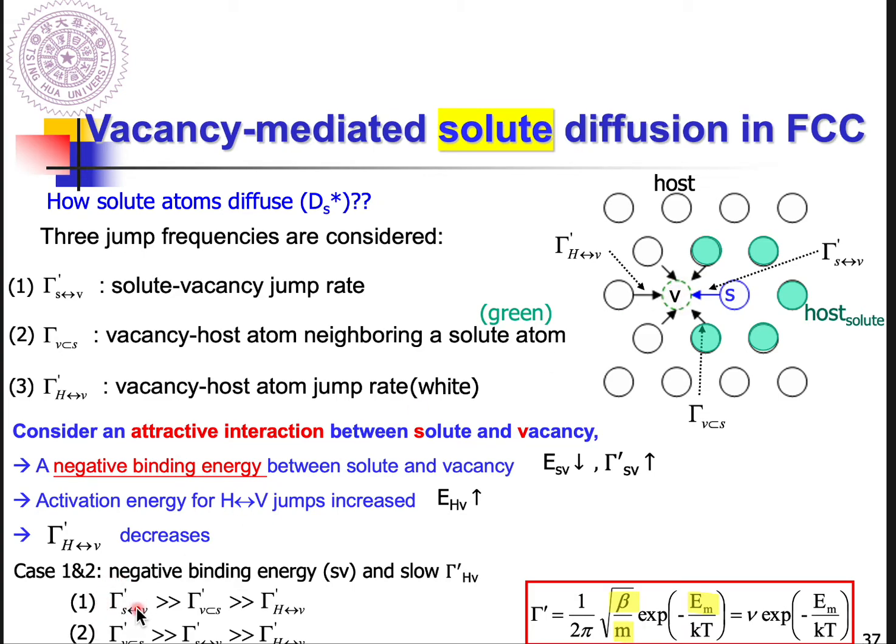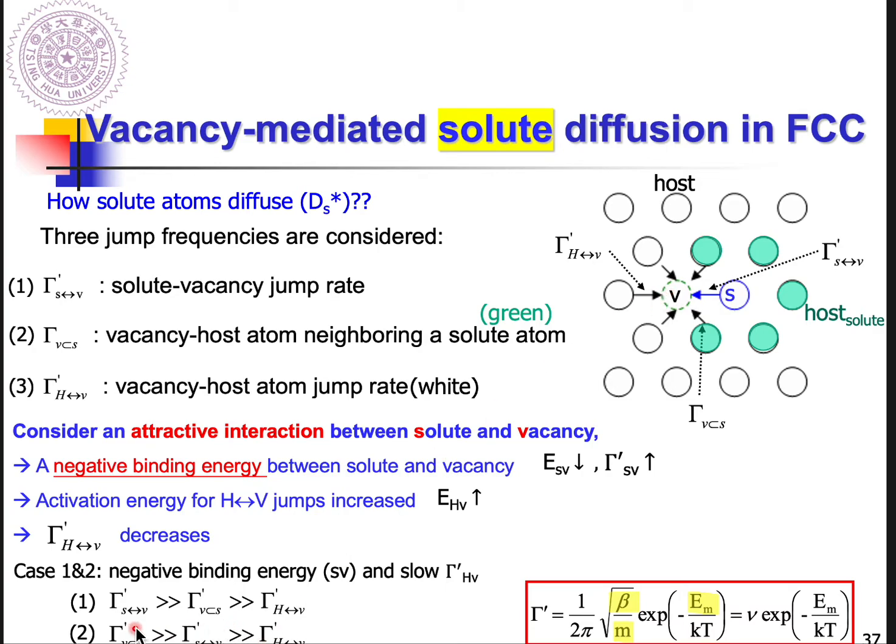So this one is the highest, then the host atom nearby the solute atom jumping into the vacancy. This one is much higher than the host atom jumping into the vacancy.